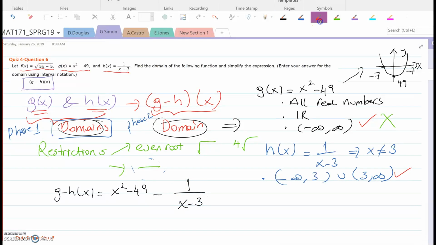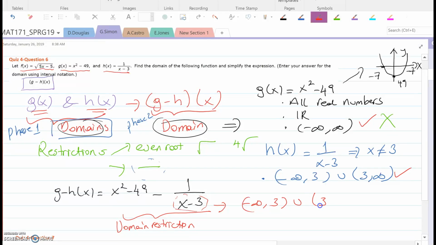Well, the resultant function has a domain restriction also, right? And the domain restriction of that resultant function is coming from here, and that will be negative infinity to 3 union 3 to infinity, as it cannot be equal to 3, right?